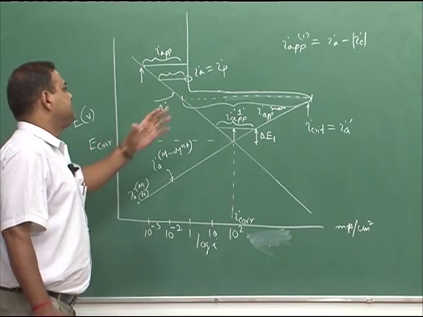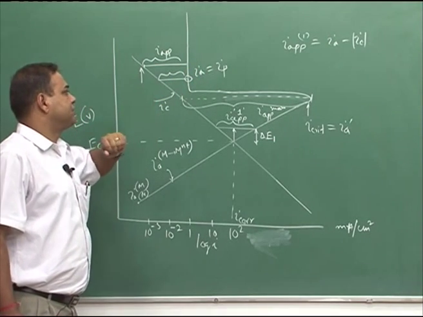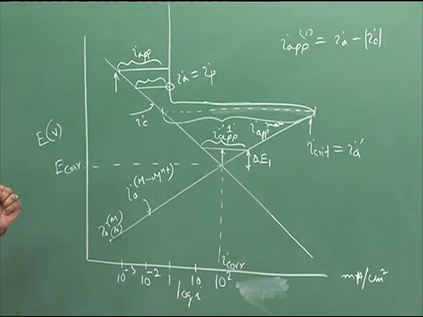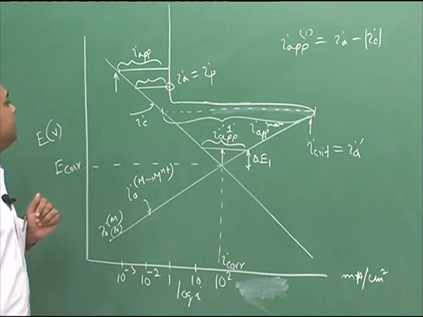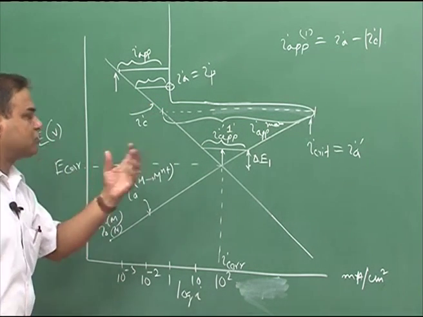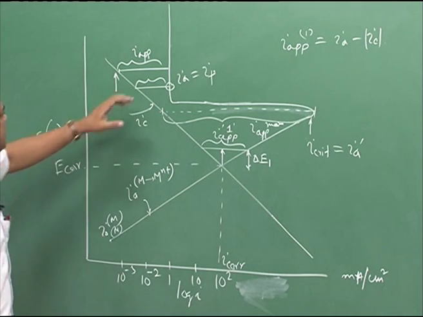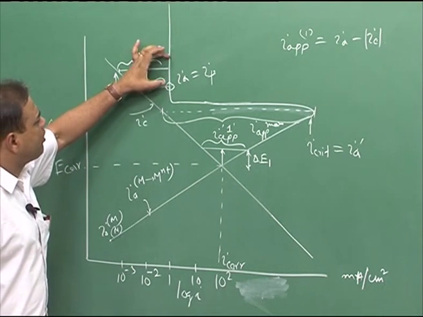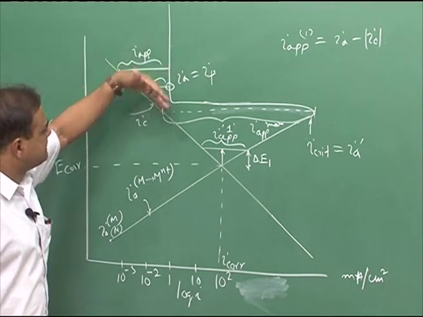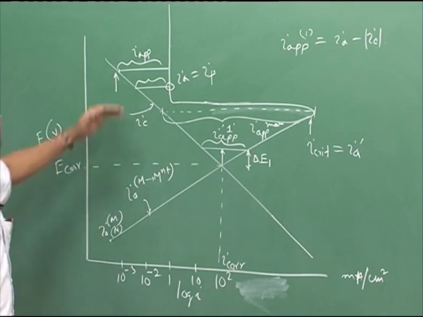The current density in the passive zone in case of active passive metal is a very, very low value. So, I can get a very low corrosion rate, but in order to keep this position in a very, very stable passive range, I increase it further.